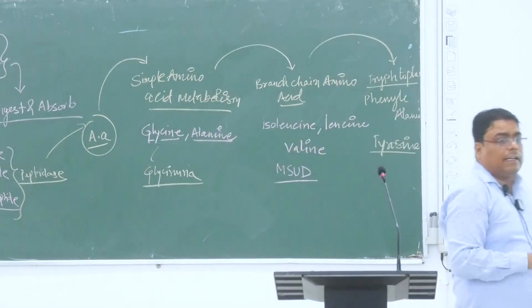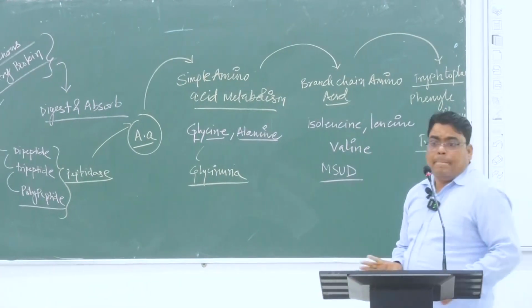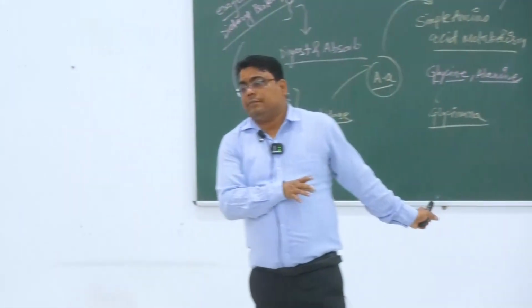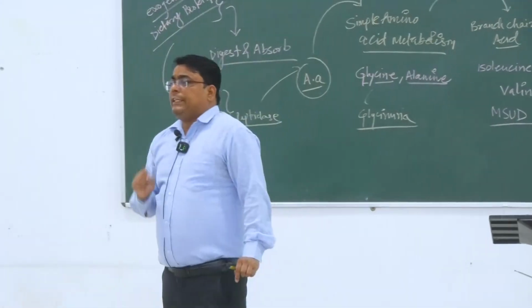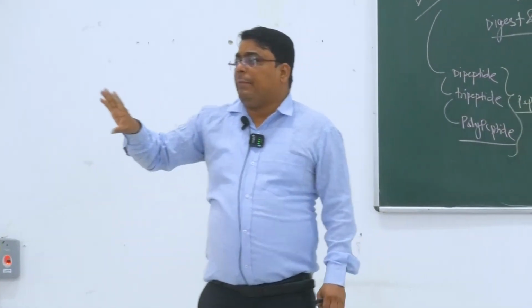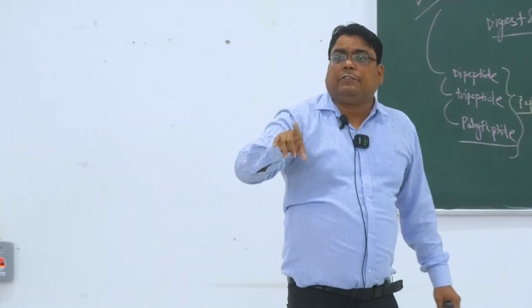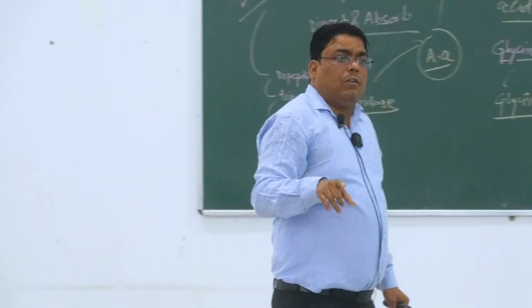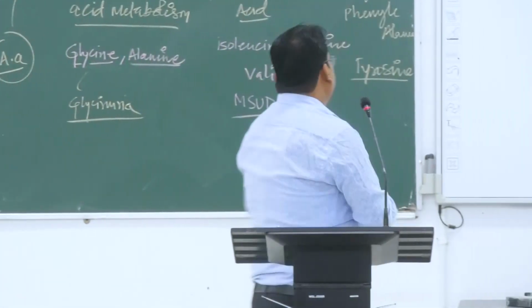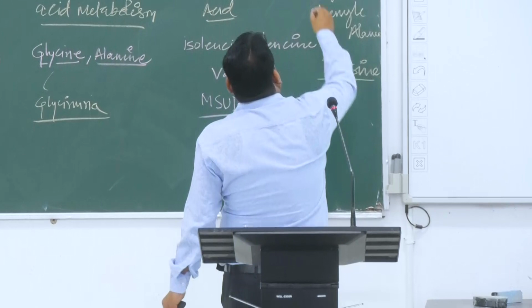All these disorders occur. These are major disorders, and the case study which is asked in your exam comes from this one: PKU, phenylketonuria, tyrosinemia, albinism. So the case comes in your exam from aromatic amino acids.